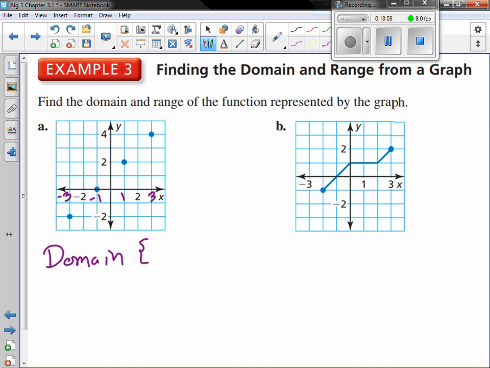So the domain would be -3, -1, 1, and 3. It would just be the x values of these points. Because we just have points, it would just be those locations. It's not going to be everything because it's just a set of points.